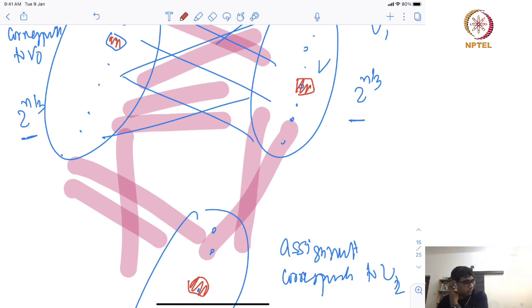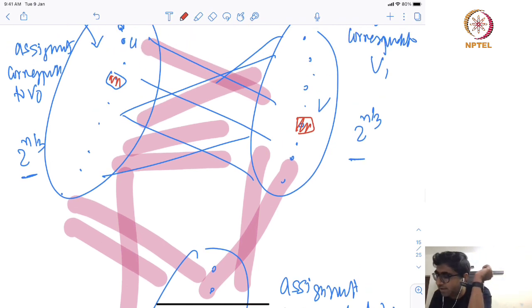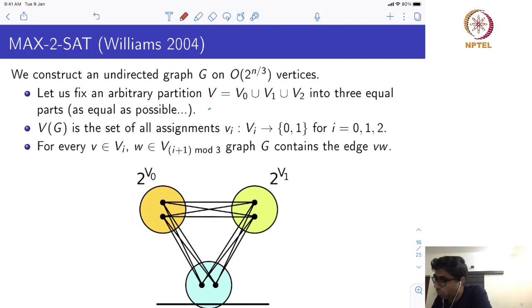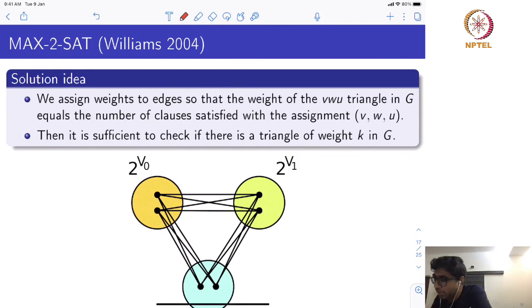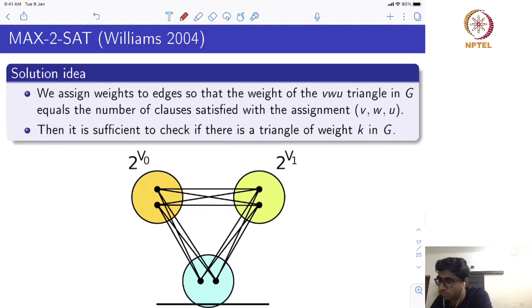And I would like to assign weights to the edges of this particular triangle, because we know that if you take up this triangle, its weight is the same as the number of clauses satisfied by the concatenation of these assignments. Okay. So this is what I would like to do, and then it is sufficient to check if there is a triangle of weight k in G or not. Okay, so we would like to do these two things.